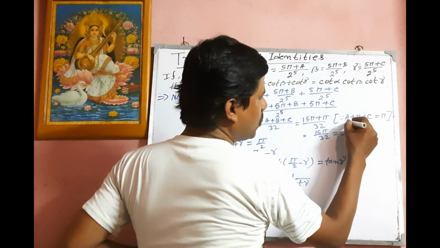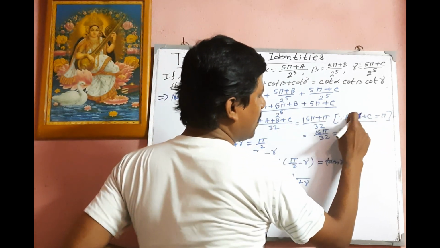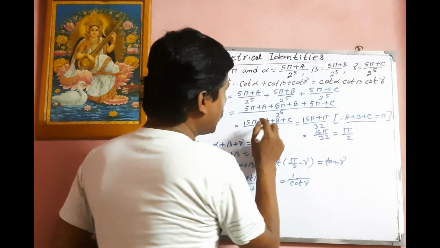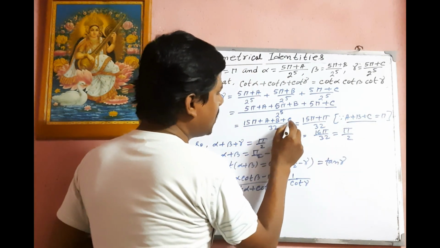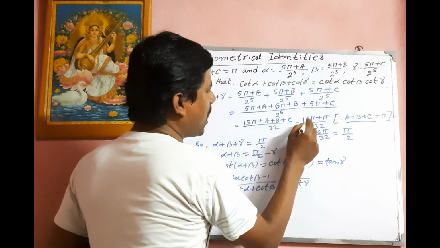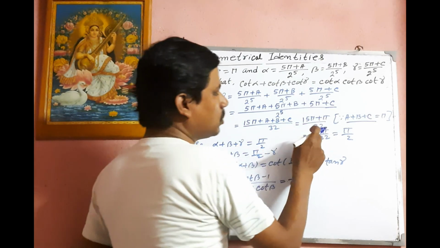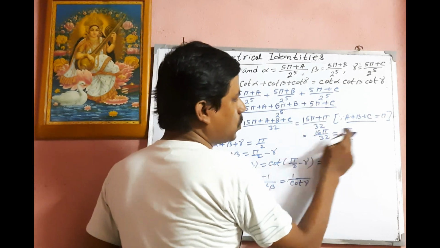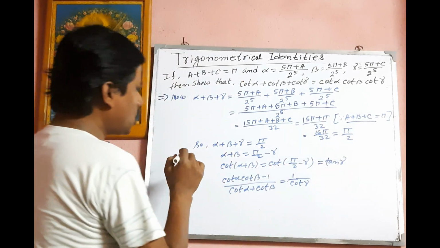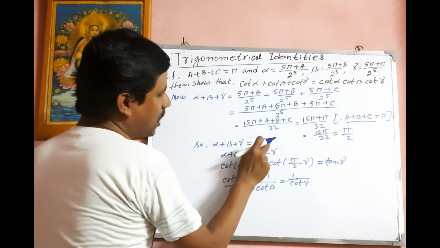And now by the given condition A plus B plus C is equal to pi, so we are putting here A plus B plus C is equal to pi, then 15 pi plus pi is equal to 16 pi, and divided by 32, that is 16 pi divided by 32 is equal to pi by 2. So alpha plus beta plus gamma is equal to pi by 2.